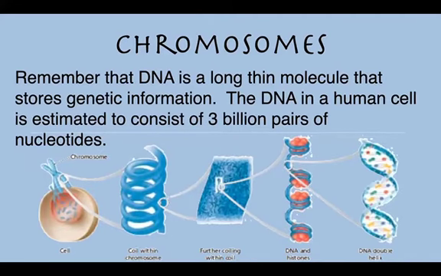At the bottom of the screen, you see we're going to go backwards. So we start with the DNA double helix. In a cell at any one time, you almost never see the actual double helix. You will only see the double helix in that form when DNA is being copied or when proteins are going to be made.